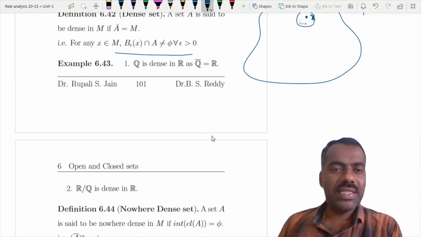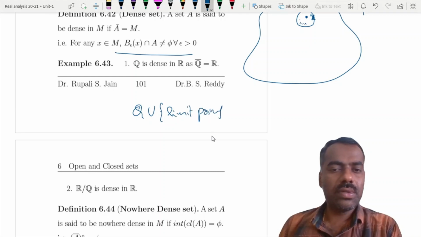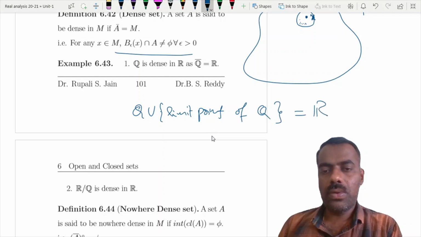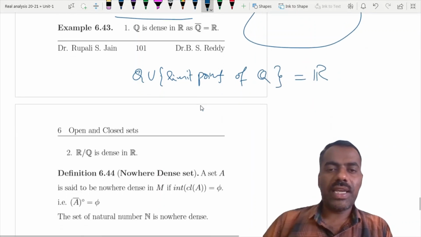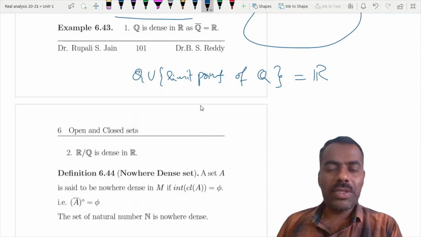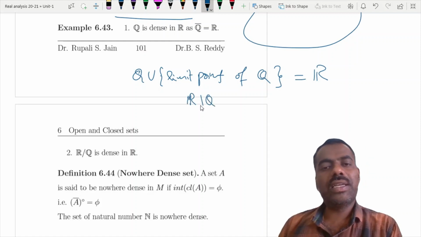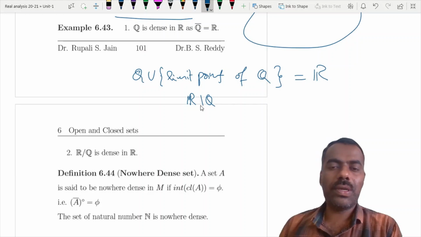You can check that Q is dense in R. Why is Q dense in R? Because Q together with the limit points of Q should be equal to R. You can check that every irrational number, every element of R minus Q, is also a limit point of Q. Why?